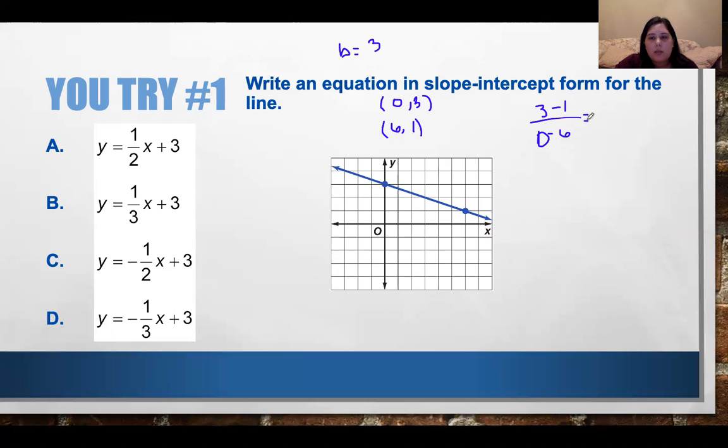And we get +2 over -6. So when we simplify this, we get -1/3. So our answer is D, y equals -1/3 x plus 3.